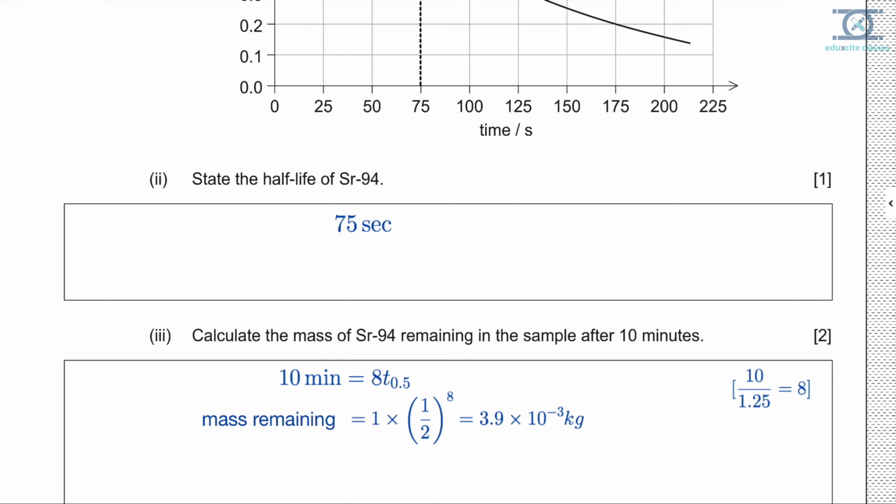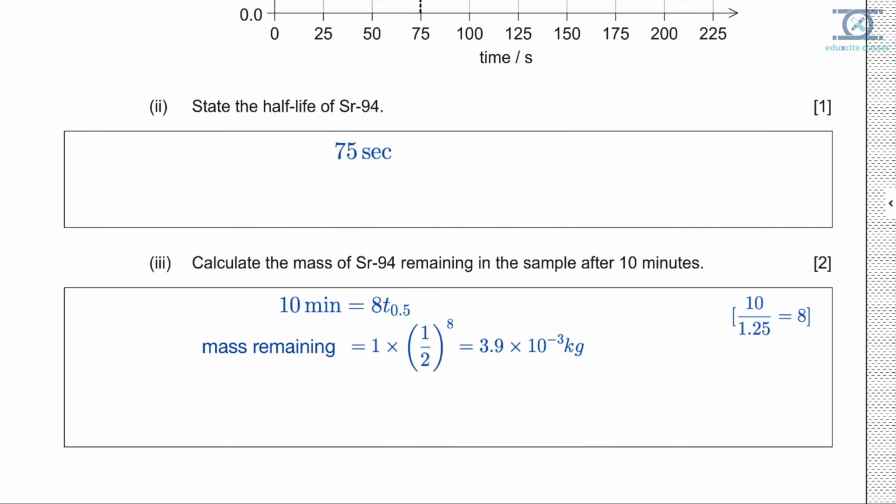So 10 minutes is 8 times its half life. So mass remaining, we have to calculate the mass. 1 kg is the initial and it will go through 8 half lives, so 1 by 2 raised to 8. So this remaining mass will be 3.9 into 10 raised to power minus 3 kg.